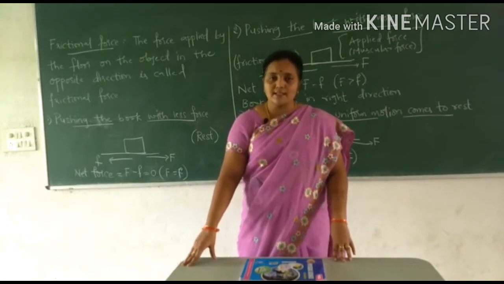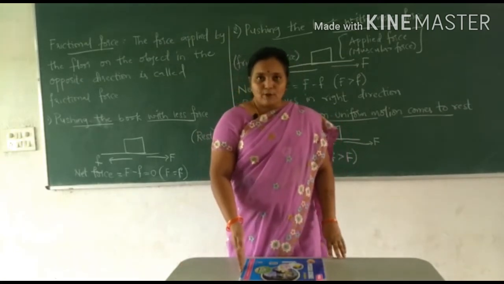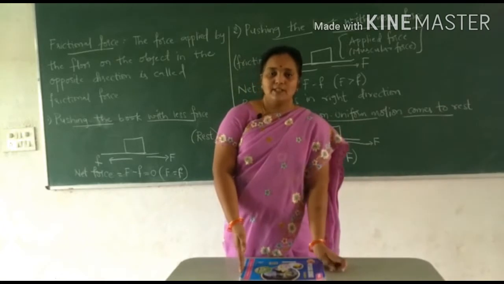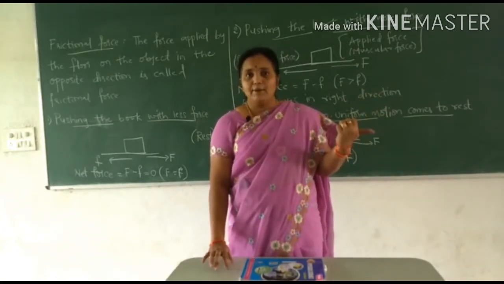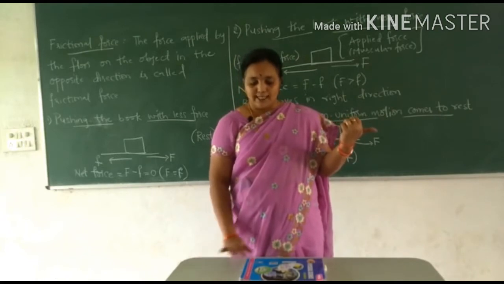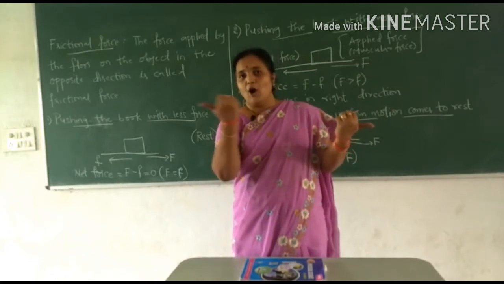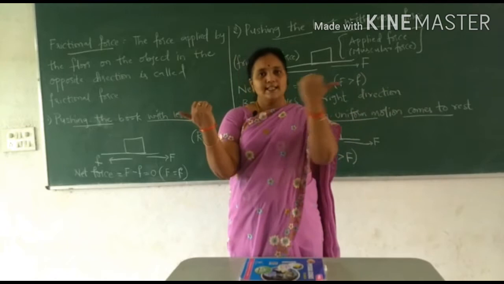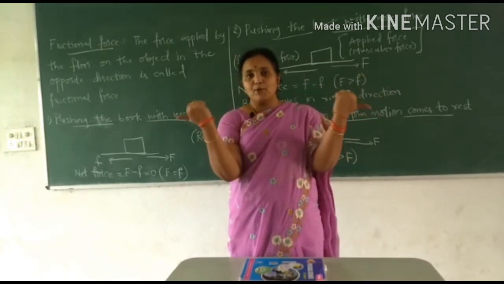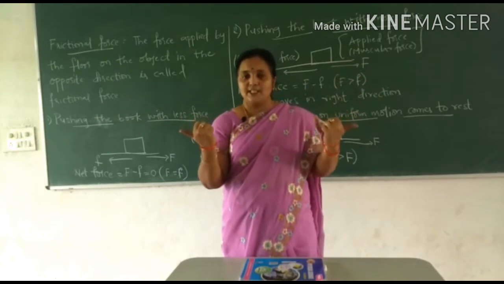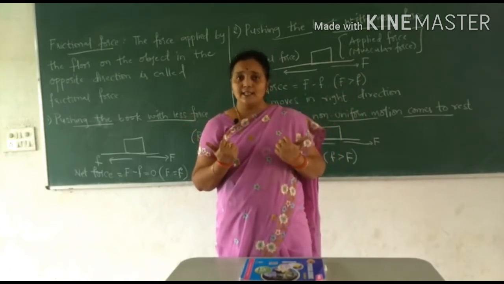Why? Because as I have applied the force in this direction, the surface of this table is applying the force in the opposite direction. You can see this is the applied force and this is the frictional force. They are both in the opposite direction. That is one point you have to consider.